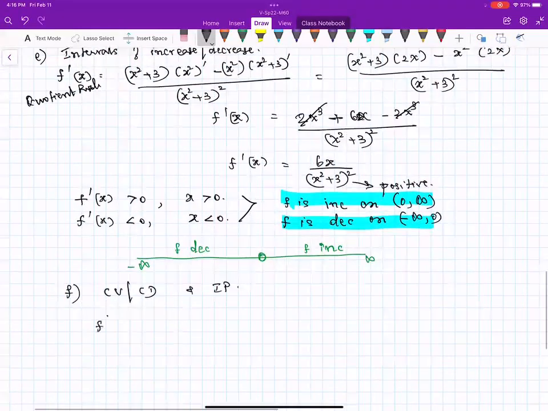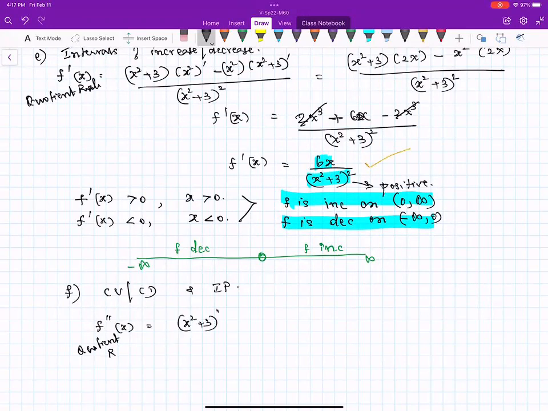So for concavity, we have to find the second derivative. So for that, we take the first derivative expression, and then we will differentiate the first derivative. This is our first derivative. We'll take the derivative of that. That also has a denominator, which is x squared plus 3 the whole square. So again, it is the quotient rule. So it is the denominator times the derivative of the numerator, minus the numerator times the derivative of the denominator.